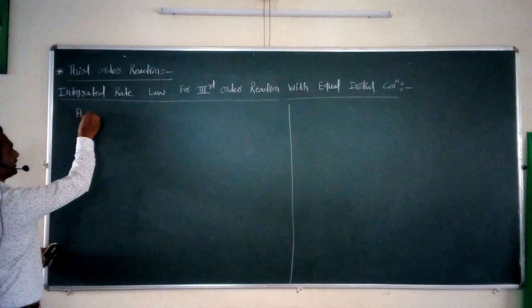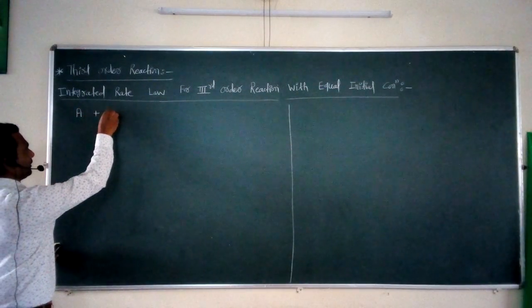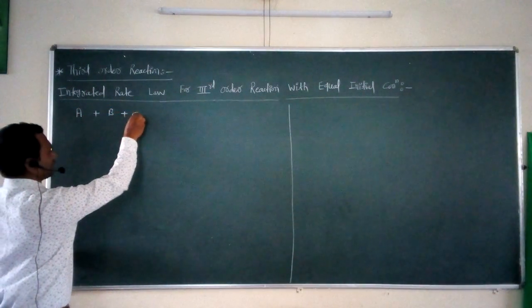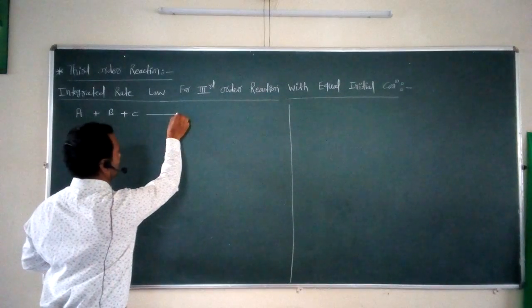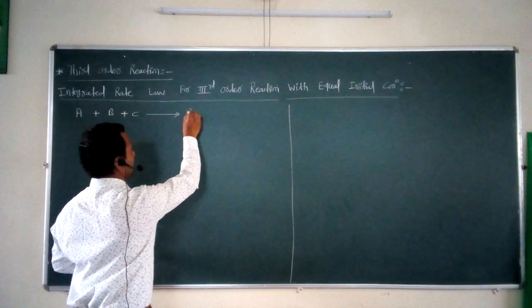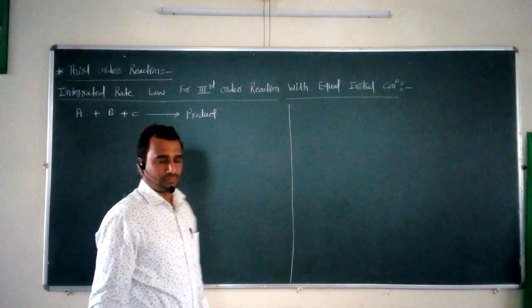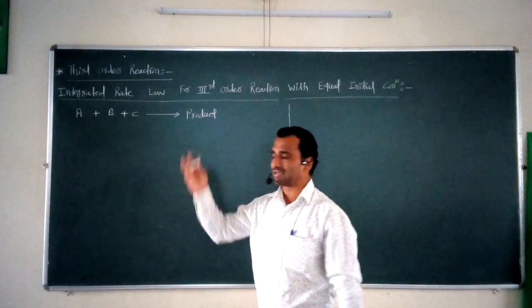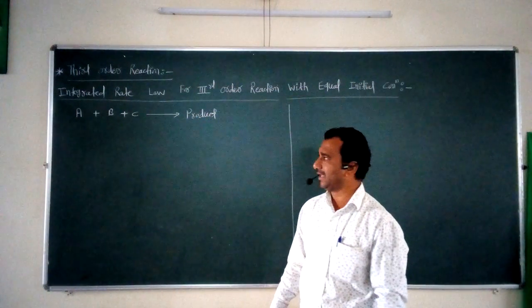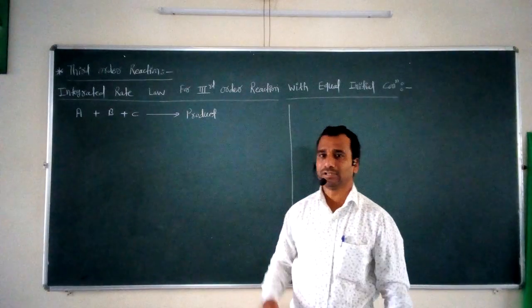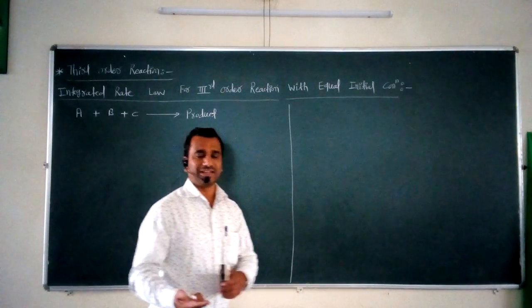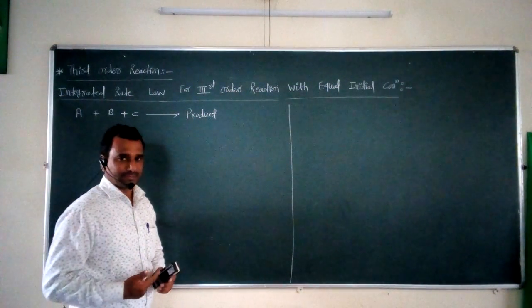Suppose I take three reactants as A plus B plus C. They react together to form a particular product. So these three reactants are involved in a general chemical reaction, A plus B plus C giving the particular product. Now we are interested in writing the rate of this particular reaction.